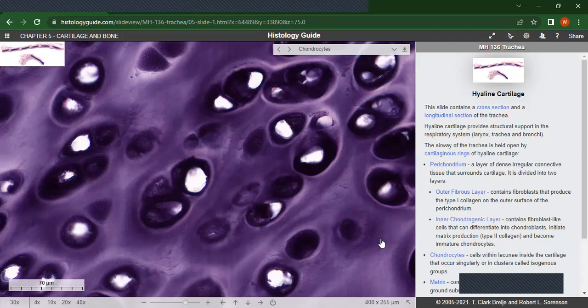Then the main proteoglycan is aggrecan. And aggrecan is usually responsible for the hydration of the matrix. So remember, the main collagen is type 2, but we also have cartilage specific collagen fibers, that is 6, 9, 10, 11 in the case of hyaline cartilage.